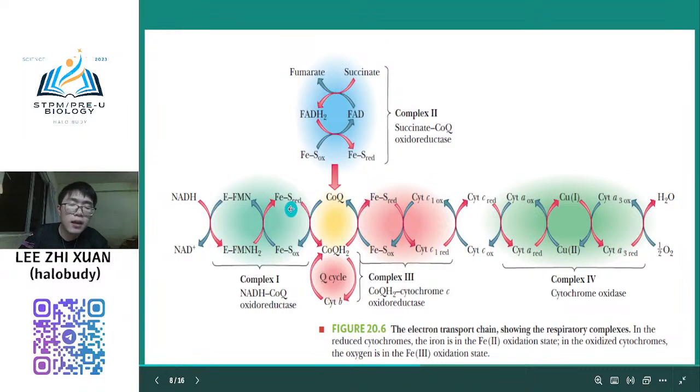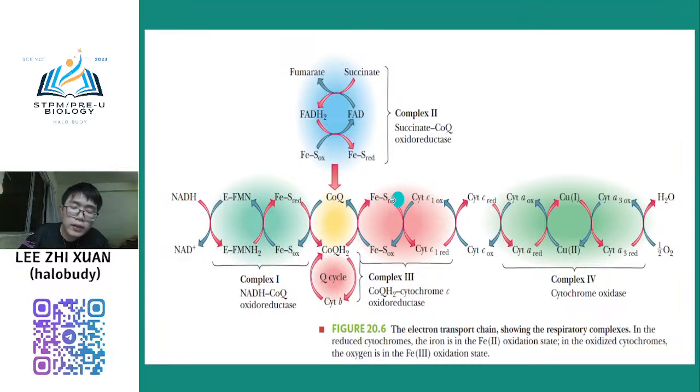So after that, the reduced form of FeS, it will transfer the electron to coenzyme Q. Dia akan transfer to a coenzyme Q. So coenzyme Q will undergo reduction, reduce to form the reduced form of coenzyme Q. So you will see here, dia memang semua macam ni punya.